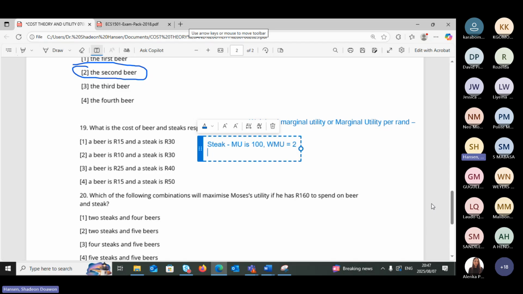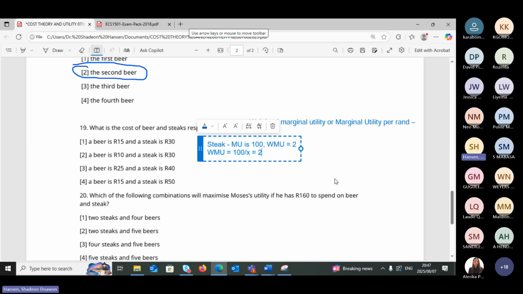So that means, students, to get the weighted marginal utility of 2, we would have taken that 100 and divided it by a number. Now, if that number is an unknown, we make that x. So 100 divided by x is equal to 2. That is pretty self-explanatory, students. 100 divided by something is equal to 2.